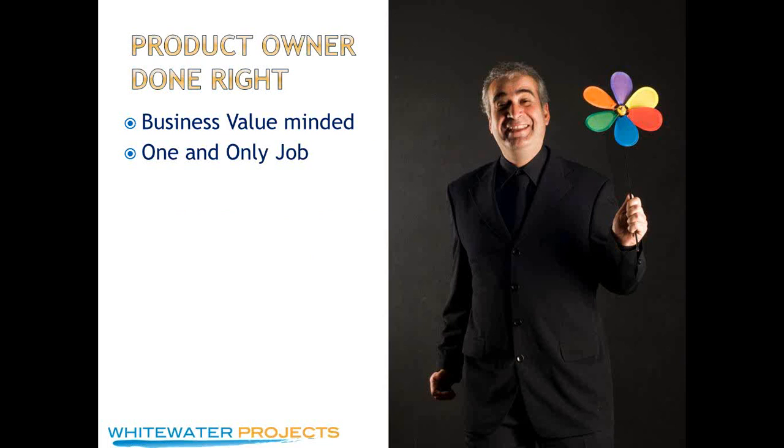Another one of the key characteristics of a product owner when it's done right is that product owner is their one and only job. Now, this is the classic definition of a product owner, okay? So in a productized organization, say you're looking at Microsoft, to pick one, that's Adobe. That's what I was thinking of, Adobe.